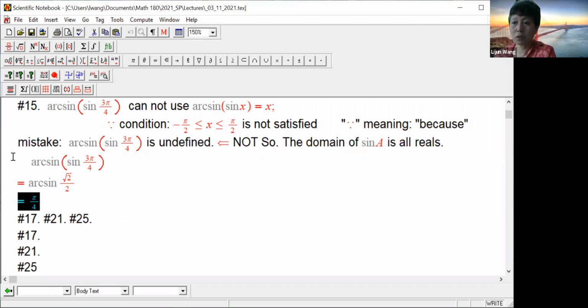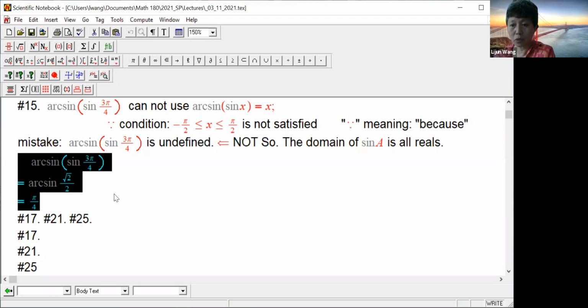Okay, this is also the reason why I want to type everything for you without using the handwriting. Okay, it's not that my handwriting is terribly bad. My handwriting is very reasonable. But since we have the software at our hands, I just want to give you the best in typing.